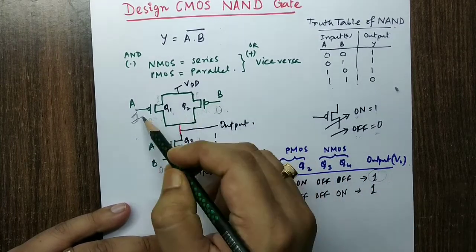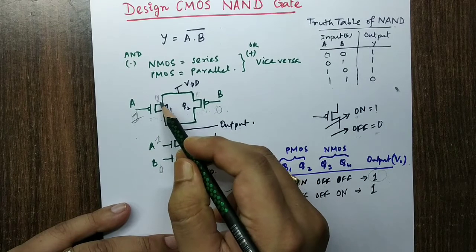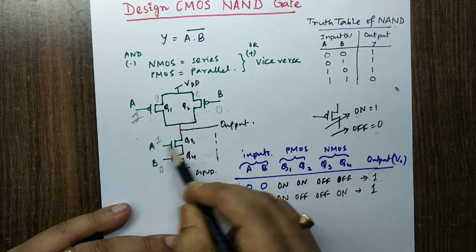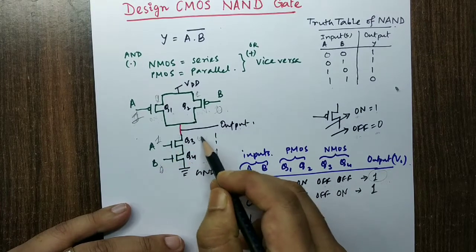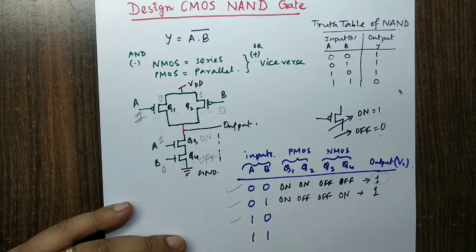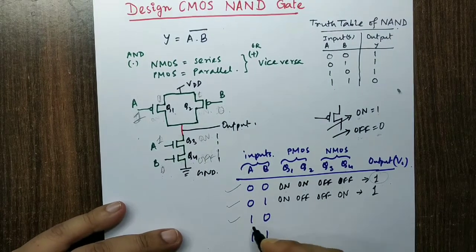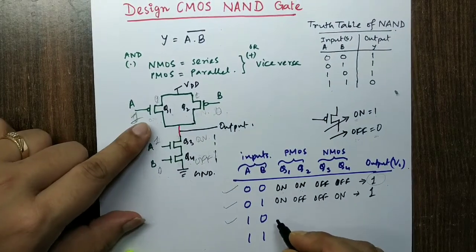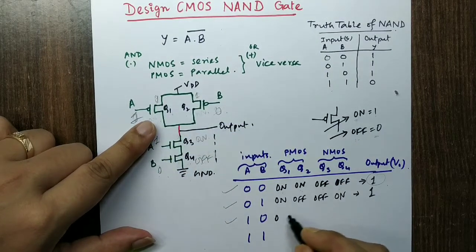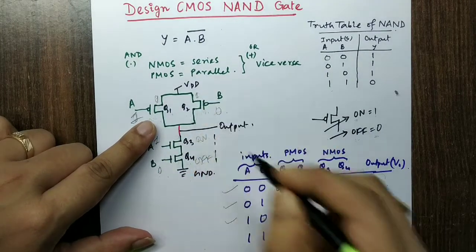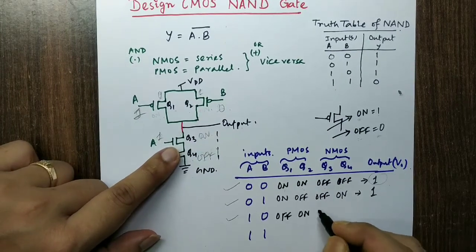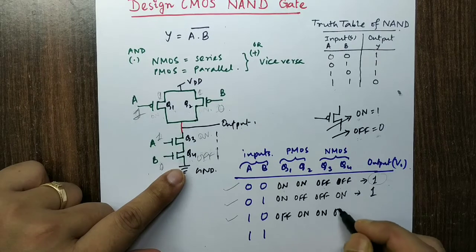So for that, due to this bubble, now Q1 will go off, but Q2 will go on, whereas Q3 will be on and Q4 will be off. So let me write this down. For case 3, Q1 will be off since it is 0, Q2 will be on, Q3 will be on, and Q4 will be off.